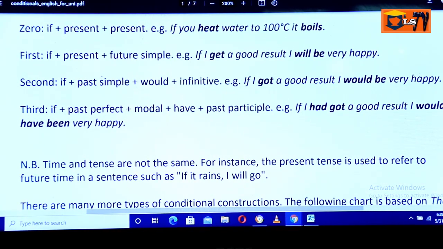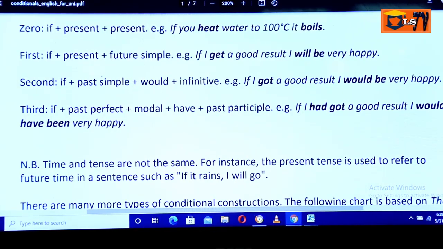This means that it is unreal. The first one was 100% real. The second one was 50% real. But the third one, which is the second conditional, is unreal in the present.